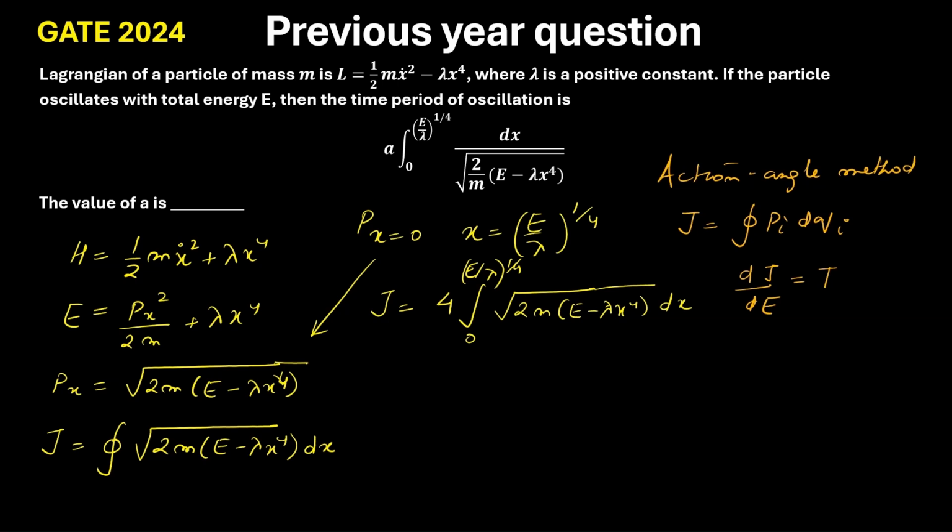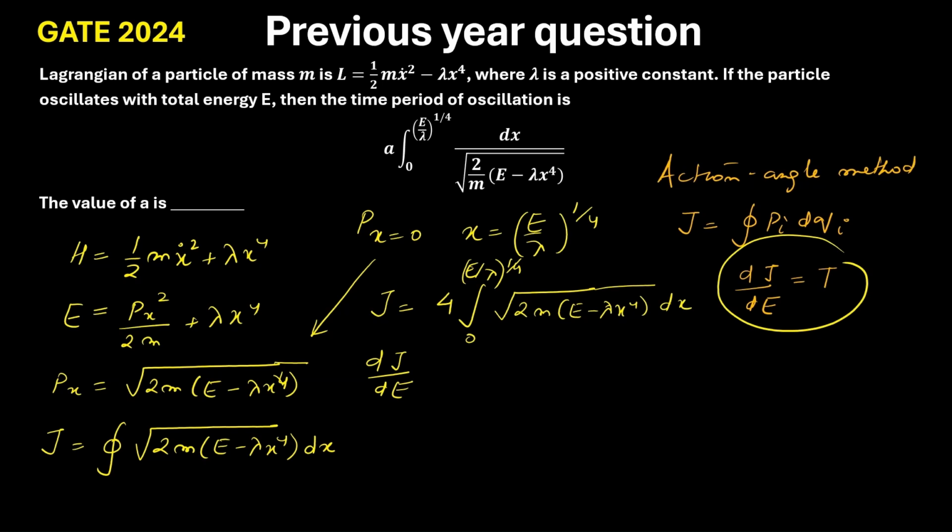Now to find the time period, I'll use this formula. So I have to differentiate this J with respect to E. Now to differentiate this, we can use the Leibniz method, where you can take the differentiation inside the integral.